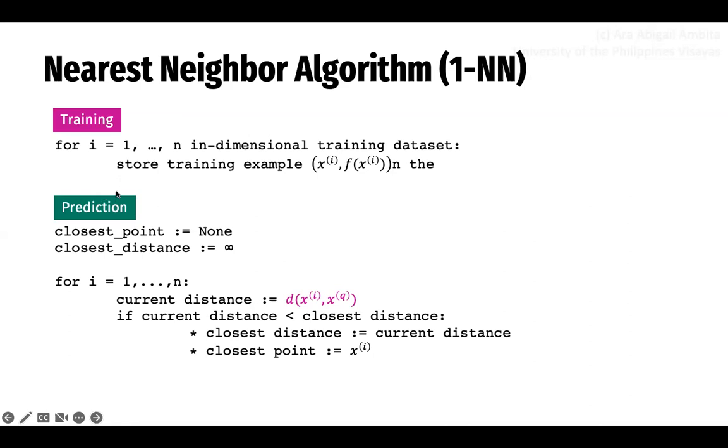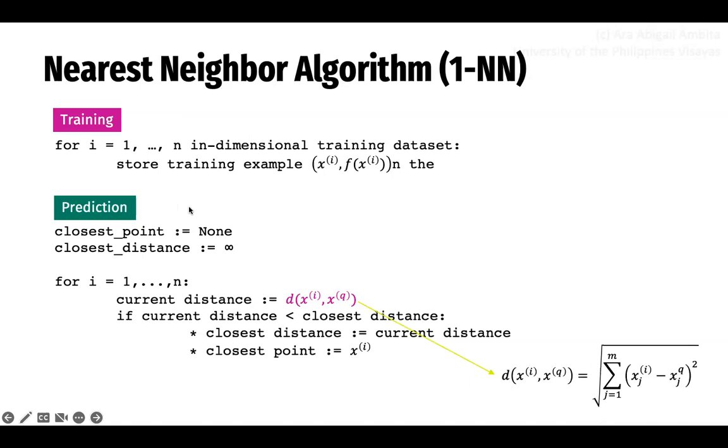For each of the samples in the training set, we compute the distance between a certain query point x sub Q and each of the data points in the training set. If for a specific sample i the computed distance is less than the closest distance, then that current distance will be the new closest distance, and the closest point will then be x sub i.